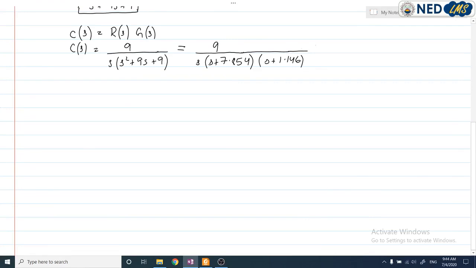So if I develop the partial fraction terms here, the first term is a upon s, the second term will be b upon s plus 7.854, and the third term will be c upon s plus 1.146. I am calling this equation 1.